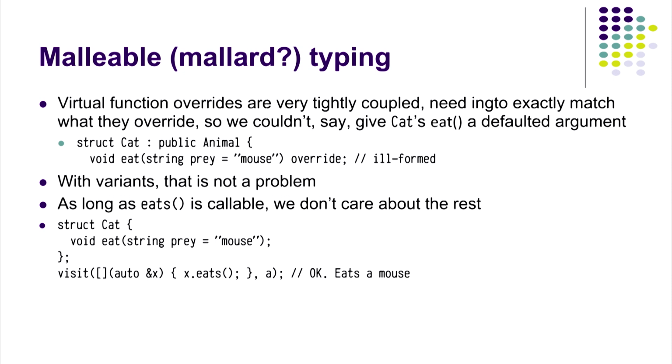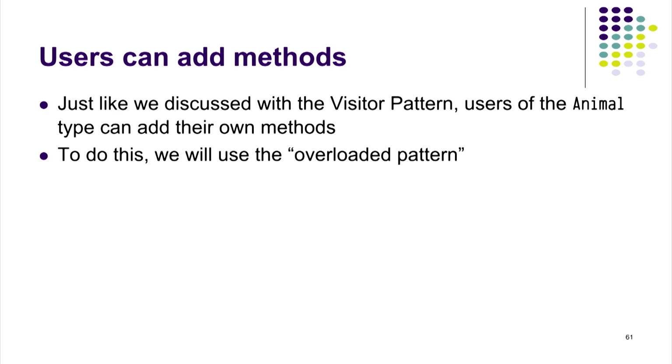But you can't override with it because the signature has to be no arguments, even though you can call this one with no arguments. So you end up getting a lot of very tight coupling and brittleness with inheritance. But if we did the variant approach, all we're trying to do is call it with no arguments, and as long as that's legal, we're good. So this makes your programs more loosely coupled.